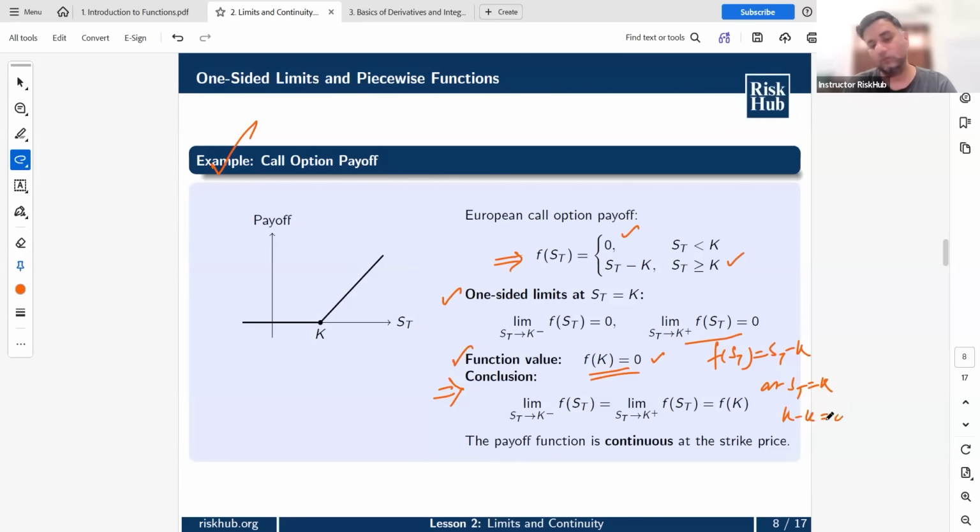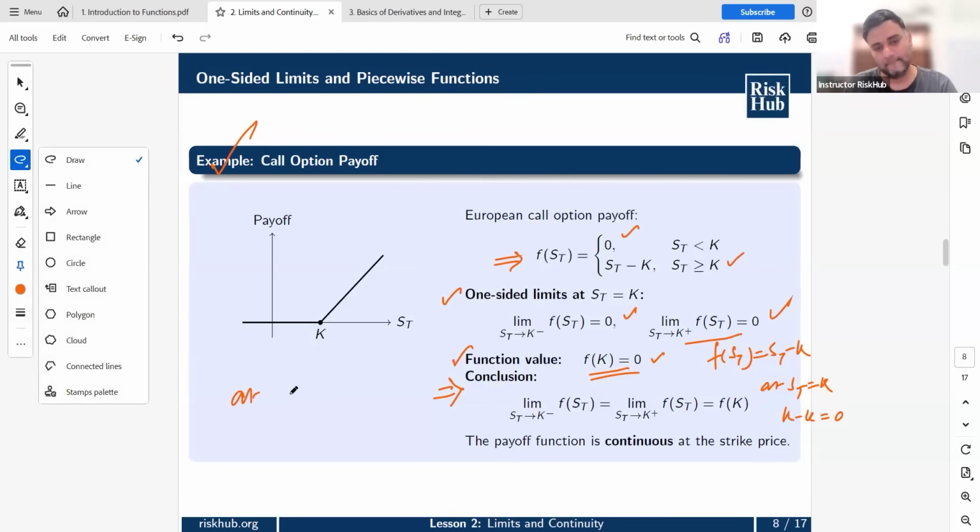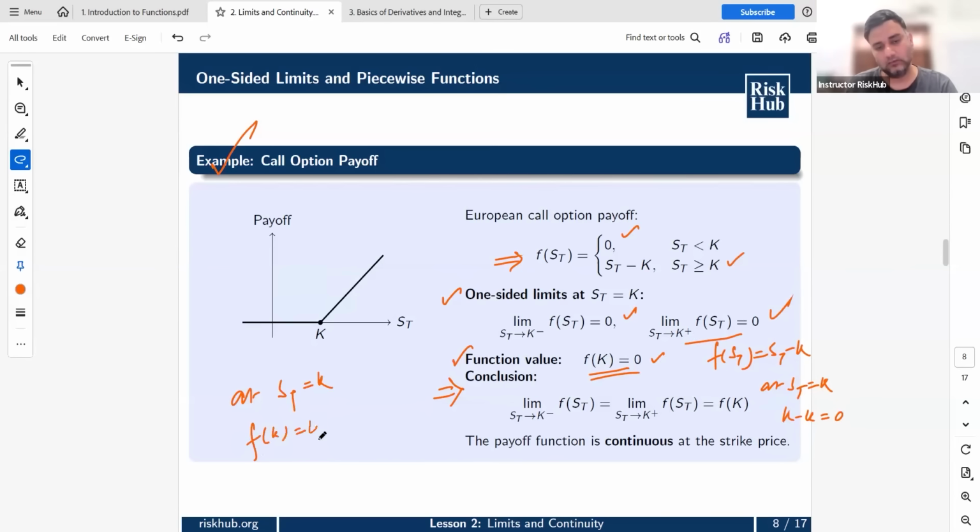K minus k is equal to 0, right? So the limit as t tends to k plus 1 is also 0, and the limit as t tends to k minus 1 is also 0, right? So the function value at k is equal to 0.